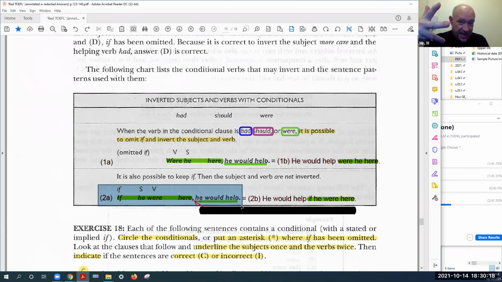People speak like that, but you lose marks at TOEFL if you choose any choice like that, because in formal academic English the second conditional always takes were.